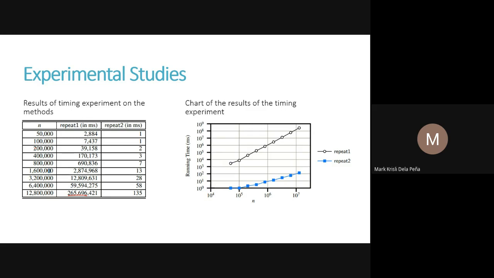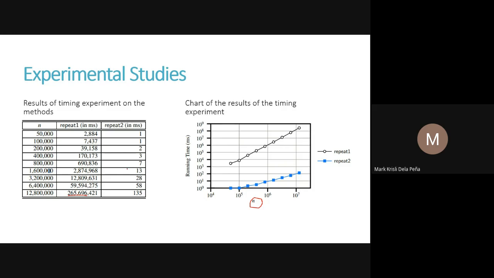basis for comparison. Going back here, as you can see, the repeat one algorithm, as the number of inputs increases, would take a larger amount of time. Well, repeat two only took a very minimal amount of time.